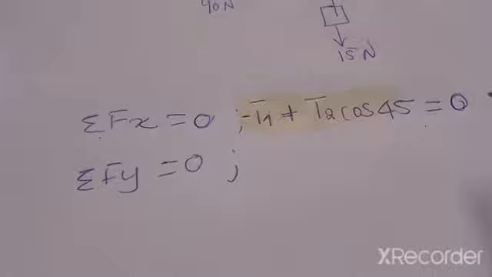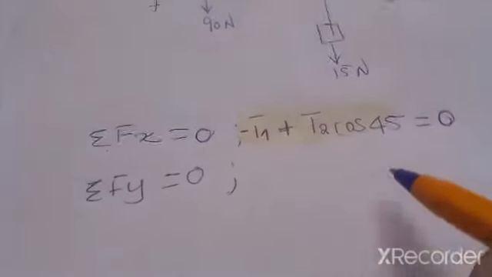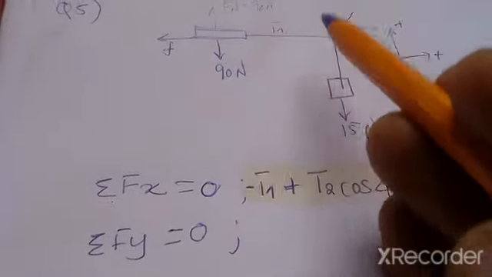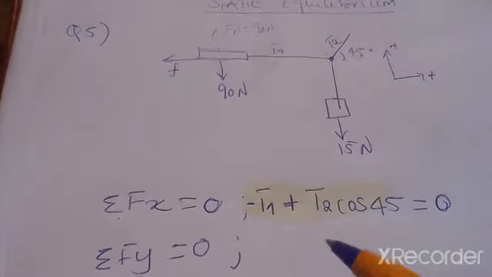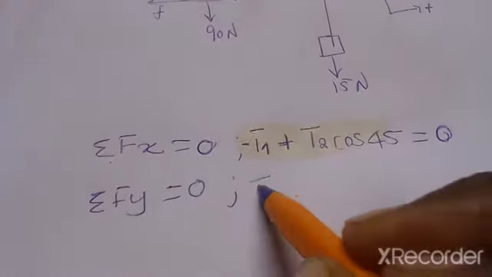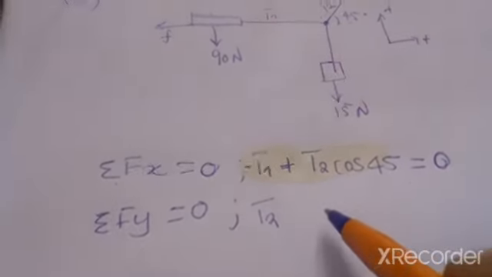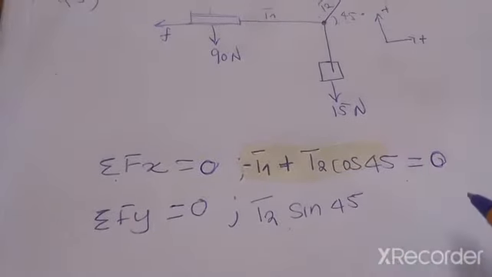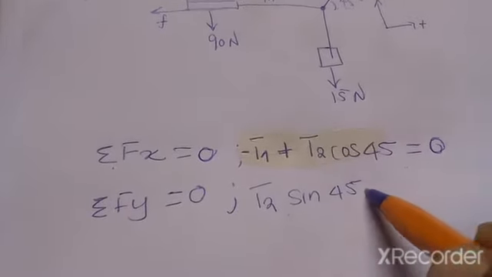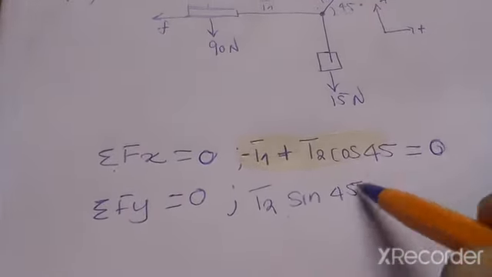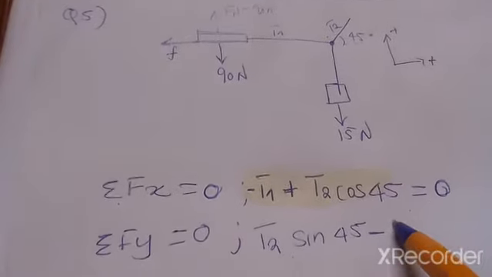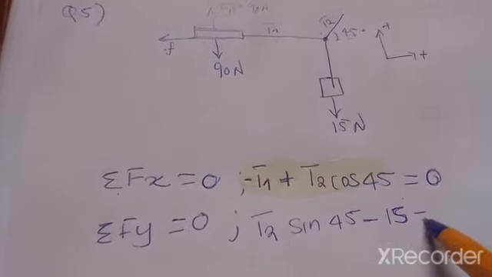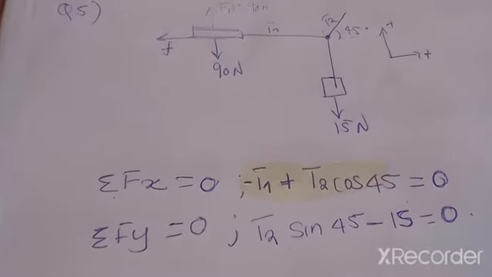Then in the y-axis, we are going to have two forces: the weight of the block and the y component of T2. So we'll have T2 sine 45 minus 15 is going to give us 0.